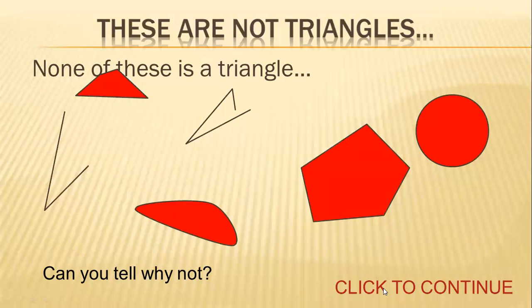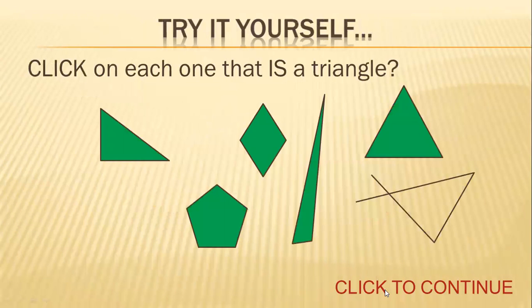Basically, a triangle is a three-sided closed figure. Sometimes we are getting three sides, but the polygon is not closed. Sometimes we are not getting straight lines. So anyhow, these are not triangles.